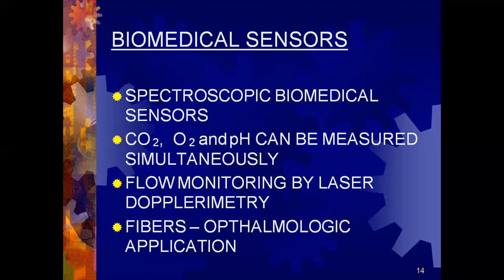Biomedical sensors: spectroscopic biomedical sensors can measure carbon dioxide, O2, and pH simultaneously. Flow monitoring by laser dosimetry and ophthalmologic applications are also done. So many applications use these biomedical sensors.